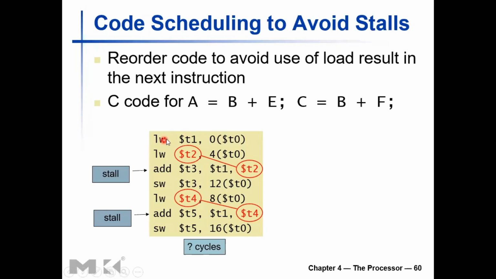So here, load word, let's assume B, B into T1. Load word E into T2. Then add these two together. Add T1 and T2 together to generate a result in T3 and store that in a certain address.